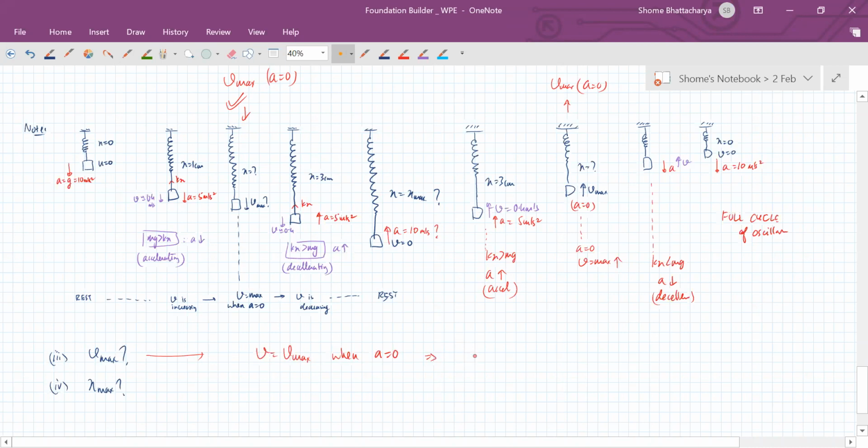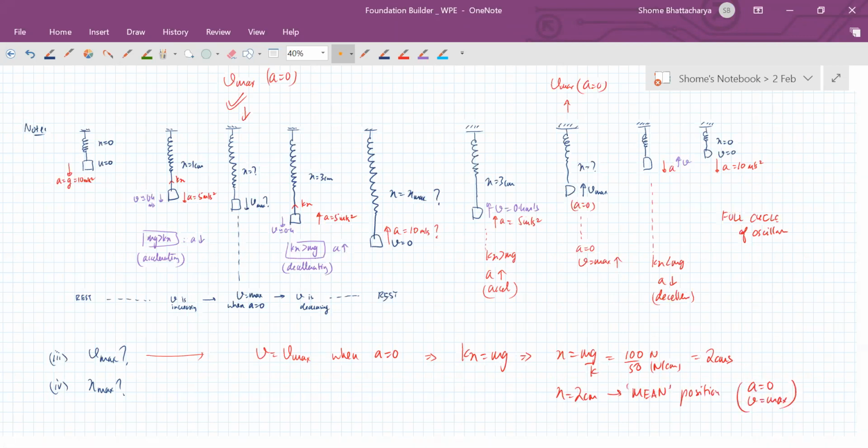So that means kx is equal to mg, or x is equal to mg by k, which is going to be 100 newtons divided by 50. So that 2 centimeter position is the mean position. So x equal to 2 centimeters, we'll call this the mean position, because this is the position at which acceleration is 0 and speed is maximum.